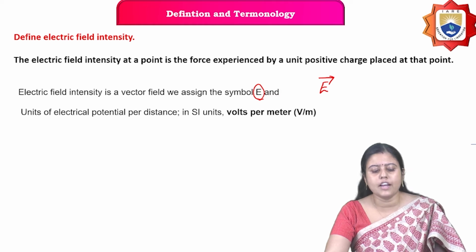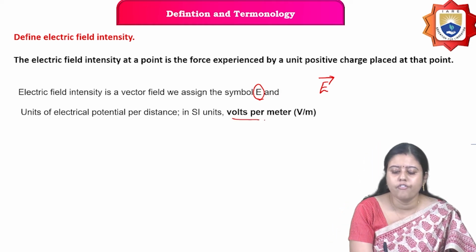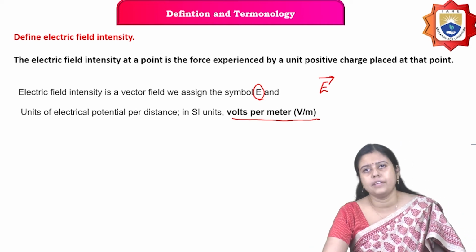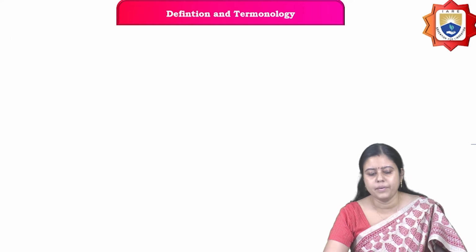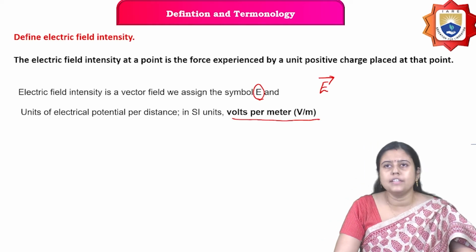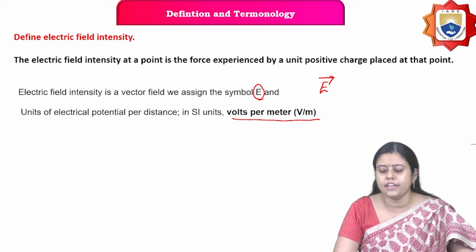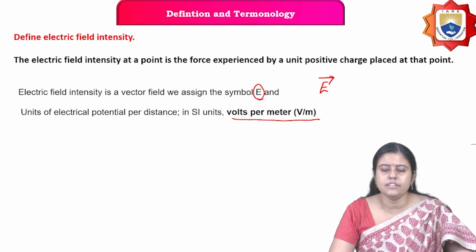The unit is electrical potential per distance, in SI unit volts per meter. It is a very important thing in the electric field, and the whole of electrical engineering depends on this unit or this definition.